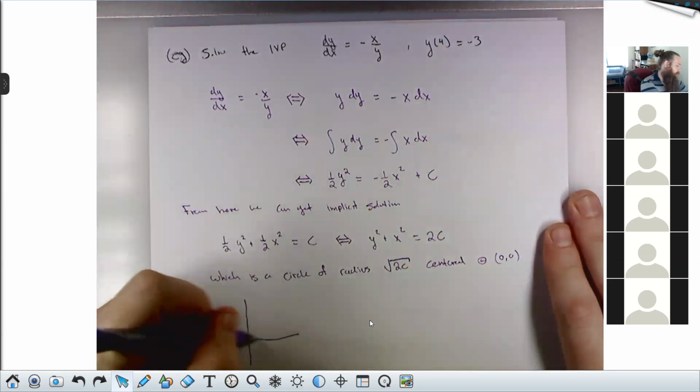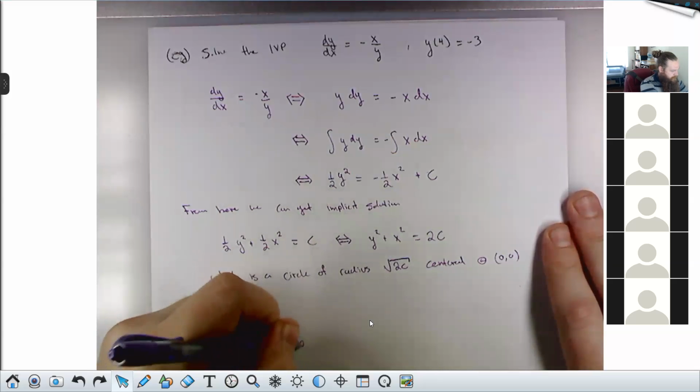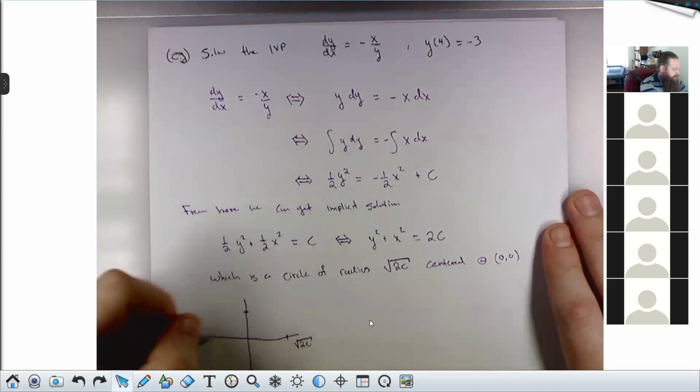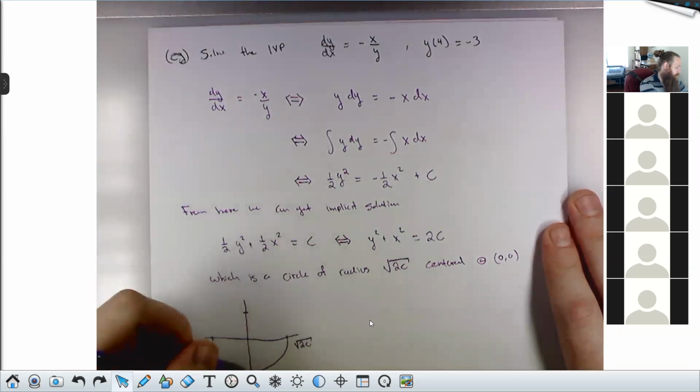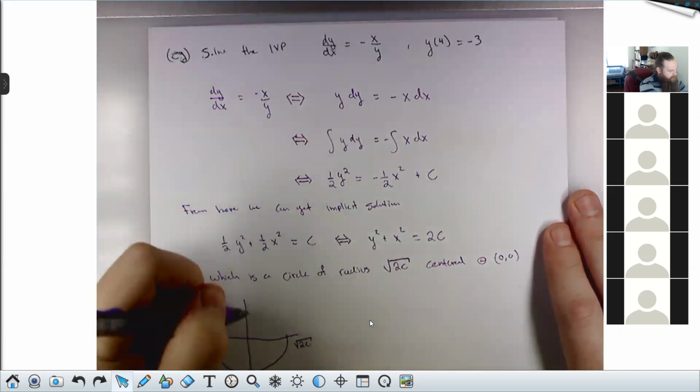Not that you couldn't from the other way of writing it, but most of us would be more likely to recognize this as a circle from that form. Modulo my bad art, this is a circle.